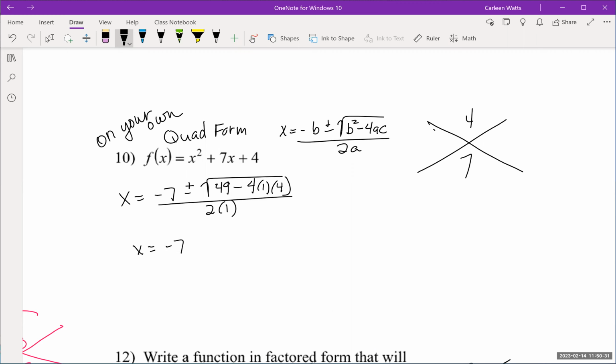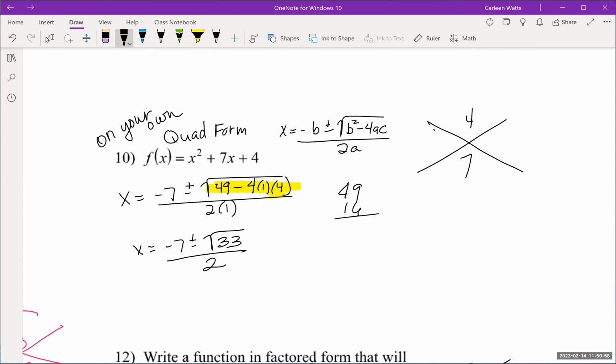X equals -7 plus or minus. Simplify in here. So this is 49 minus 16? 33? Yeah. Okay, now let's look at the number 33.